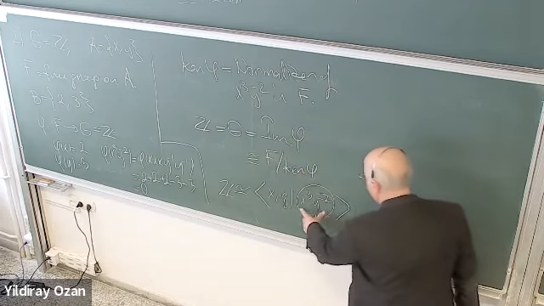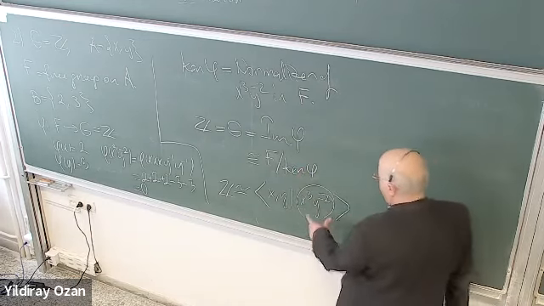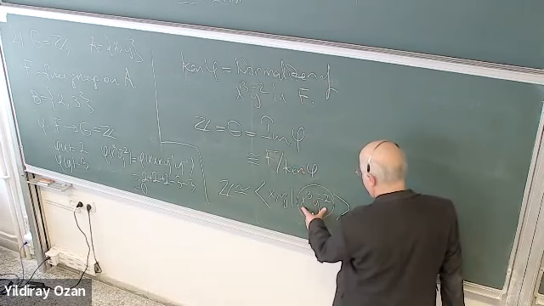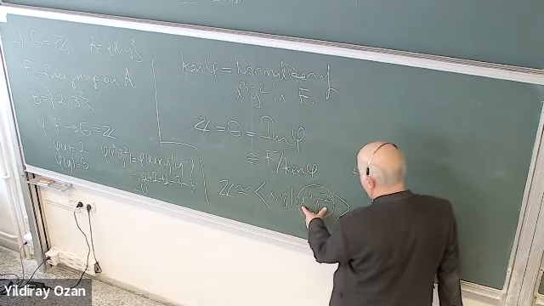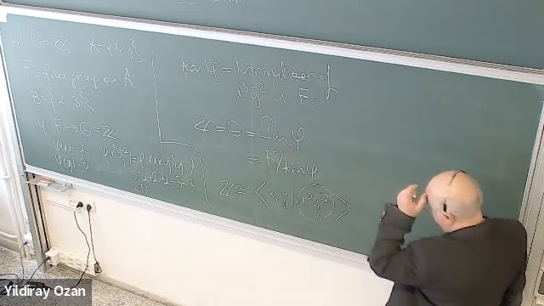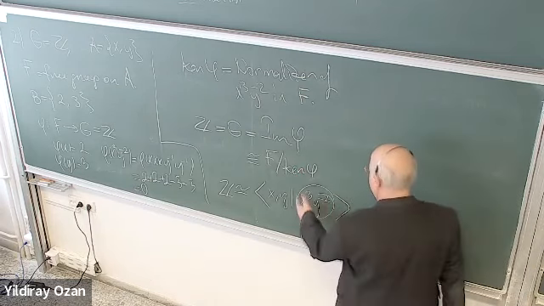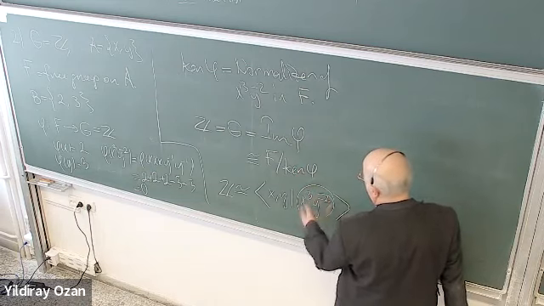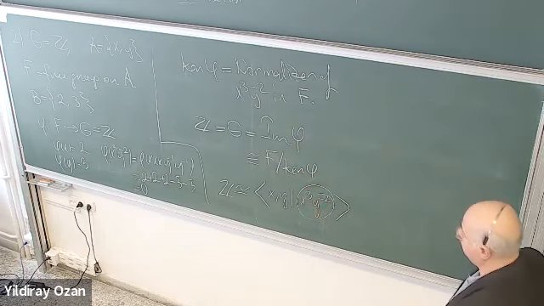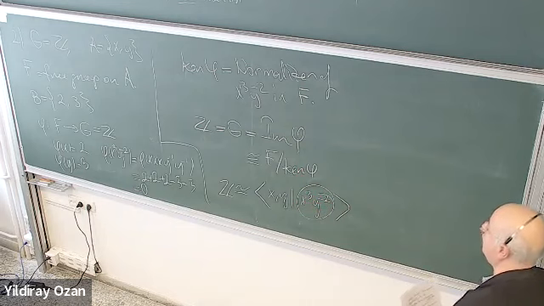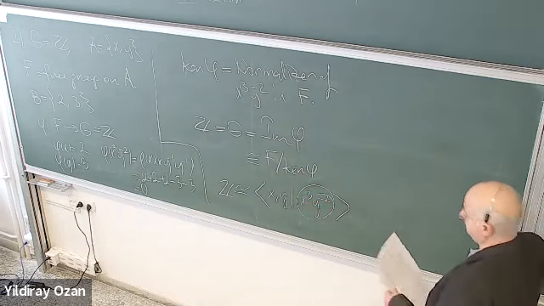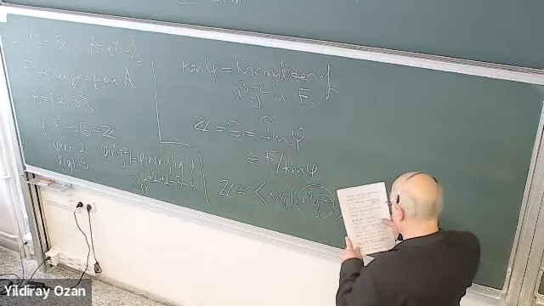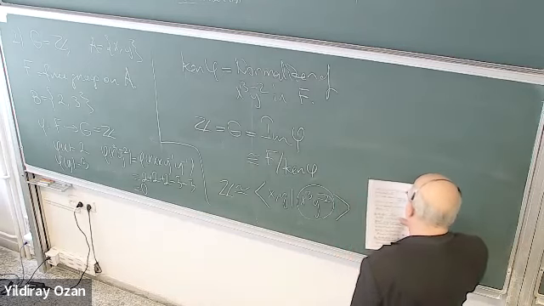So when I write like this, this element is considered to be identity in the quotient. Any conjugate of this will also be the identity element in the quotient. Okay.